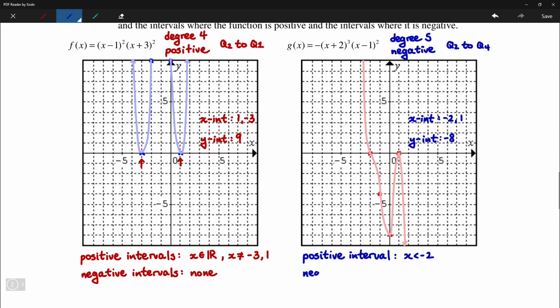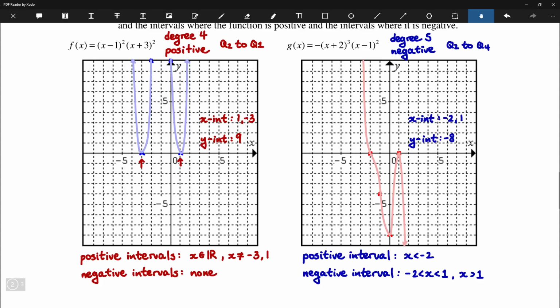And then we also have the negative intervals. There are, I think, 2 of them. The first one is between -2 and +1, and then also when x is greater than 1. Notice that we excluded when x equals 1 in the negative intervals.